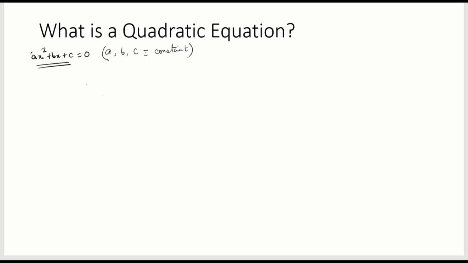Here x is the variable. And also note, as in any quadratic equation, a cannot be equal to 0.